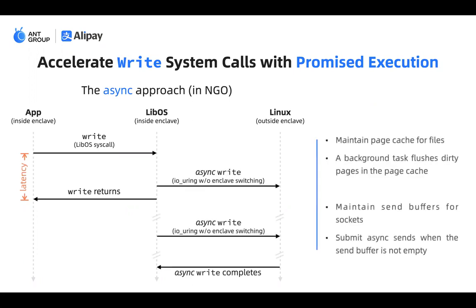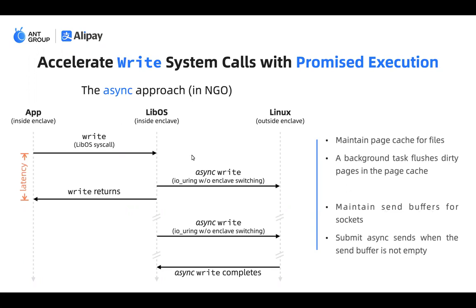The idea is here. After the library receives the write system call, we will write the user's data into the page cache for files, and for sockets we'll store the data inside the send buffers.